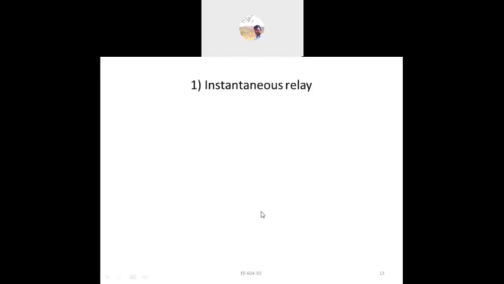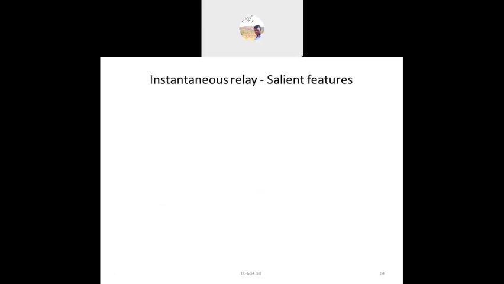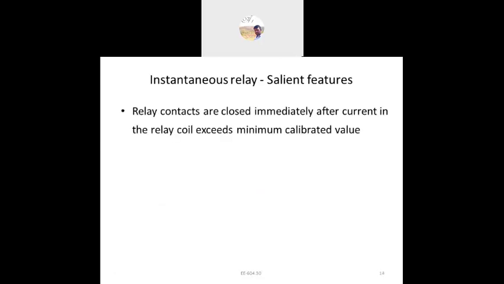Next, each one. The instant relay has no intentional time delay, so it will switch on simultaneously. That's why it is the instant time relay. The relay contacts are closed immediately after the current in the relay coil exceeds the minimum calibrated value.